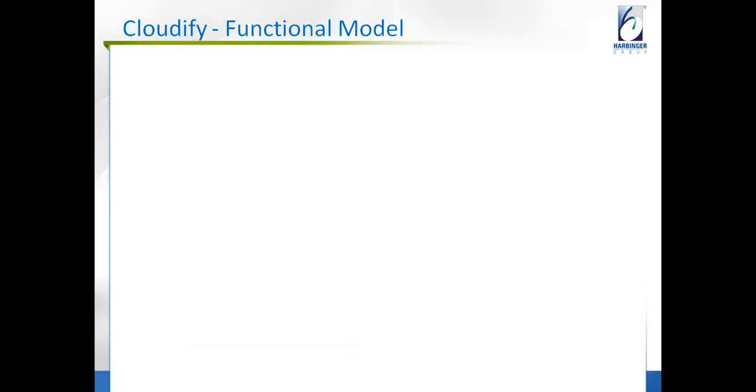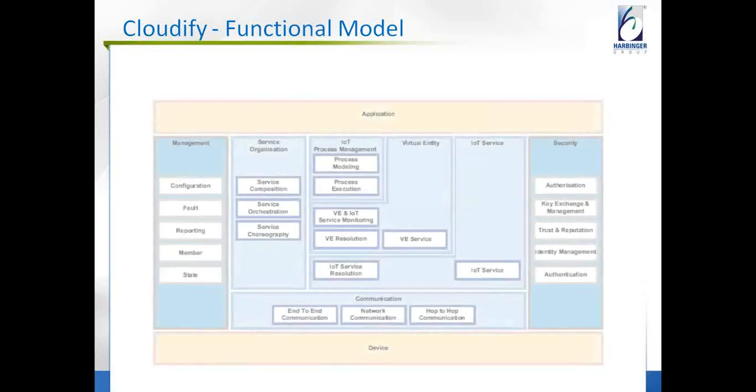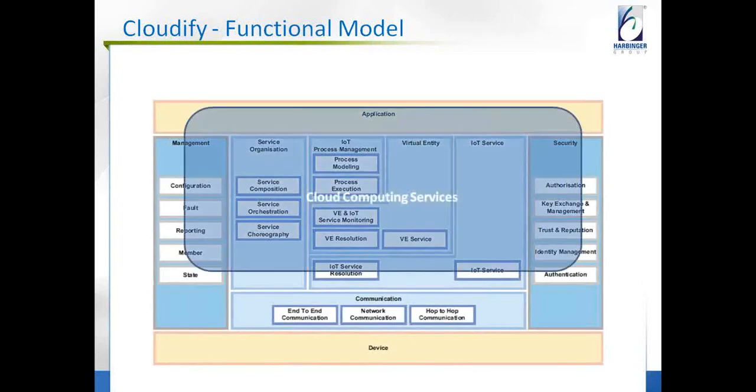To start with, we will look at some of the key aspects in this model. Process management is one of those. The overall aim of this functional group is to provide the functional concepts necessary to conceptually integrate the behavior of the IoT world into traditional business processes.